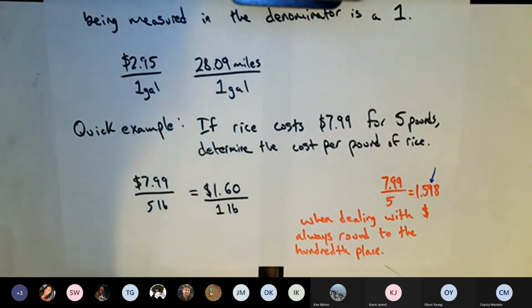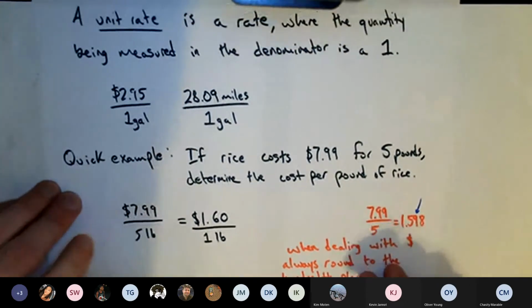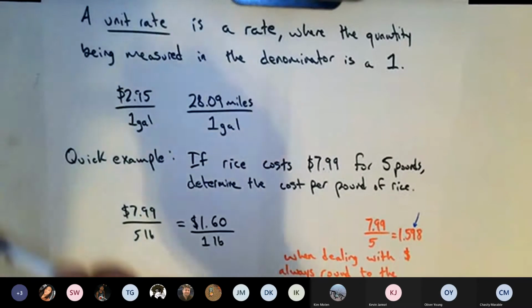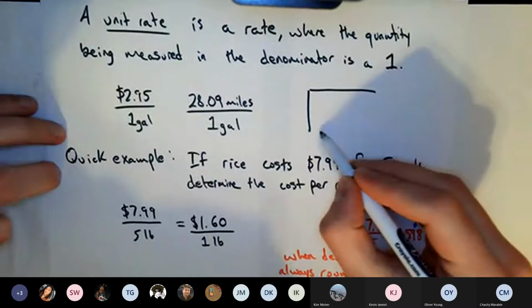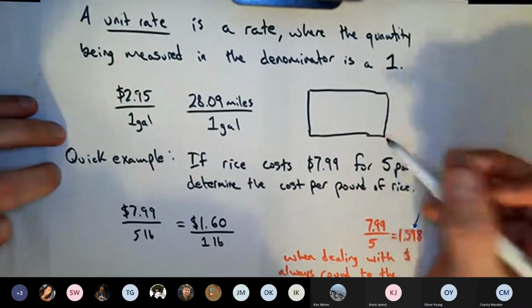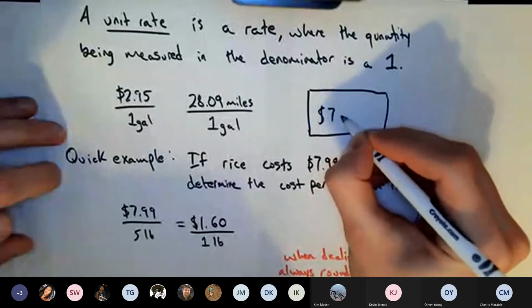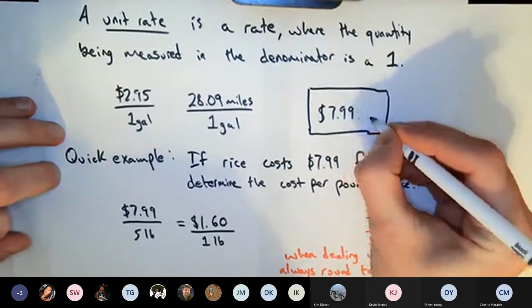An example of where you will see unit rates: if you shop at Walmart, on the price tags at Walmart, I don't think other stores do this, maybe some of them do, you'll see the price of the object, like it'll say 7.99, and then it might even say per 5 pounds or something.